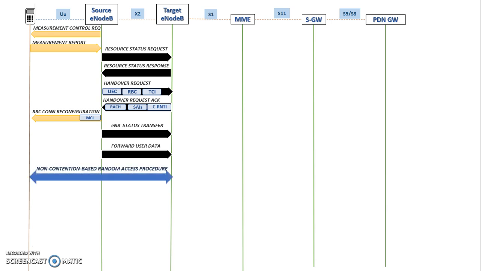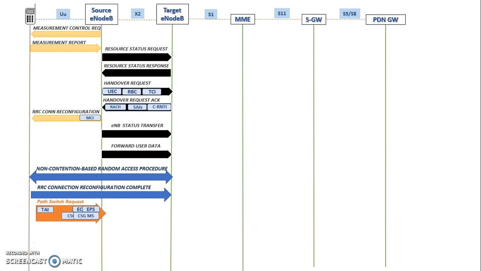At the same time, the UE is trying to access the target eNode B via the non-contention based random access procedure. If the access is done successfully, the UE sends RRC connection reconfiguration complete to the target eNode B. The target eNode B forwards a path switch request message to inform the MME that the UE changed the cell.